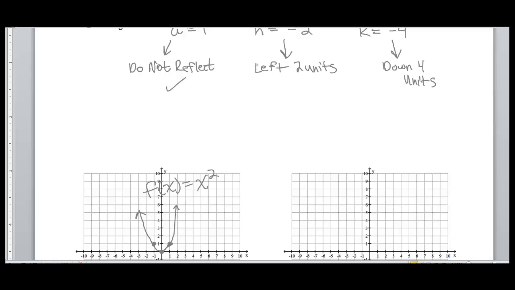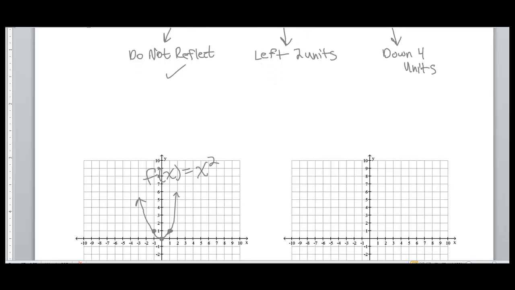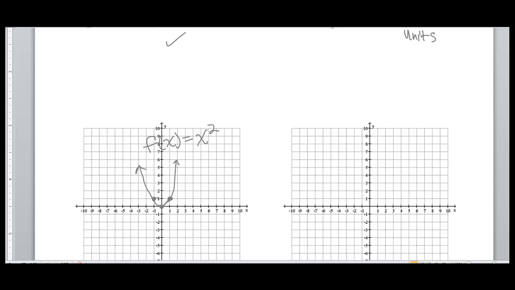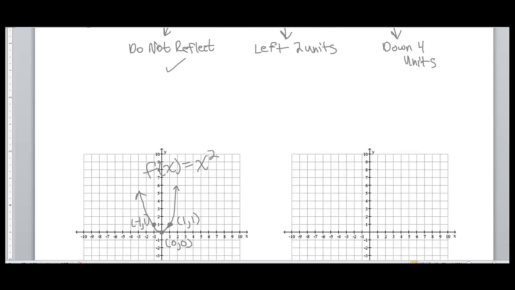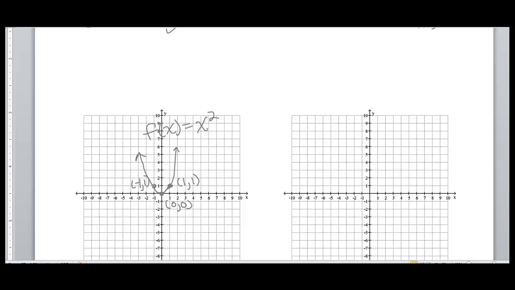Now I'm going to go to my second one, which means to shift everything to the left 2 units. I'm going to label my points here: that's (−1, 1), that's (0, 0), and that's (1, 1). If I shift this to the left, how many units? 2 units. I'm going to take all of these points and shift them over 2 units, and I'm going to draw it on this new graph here.